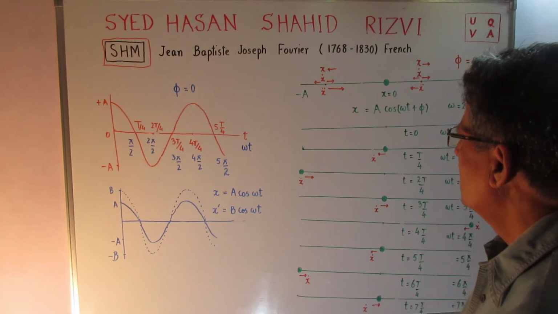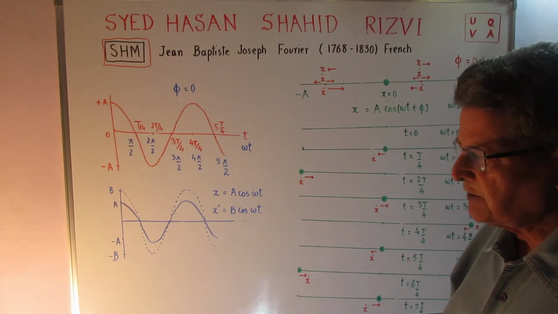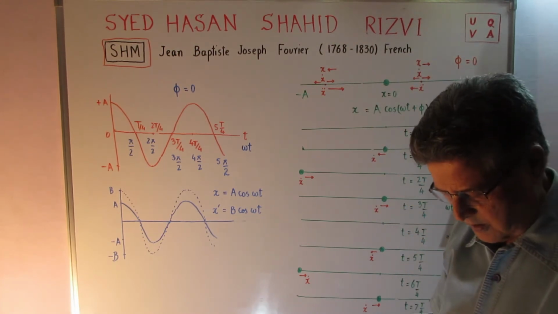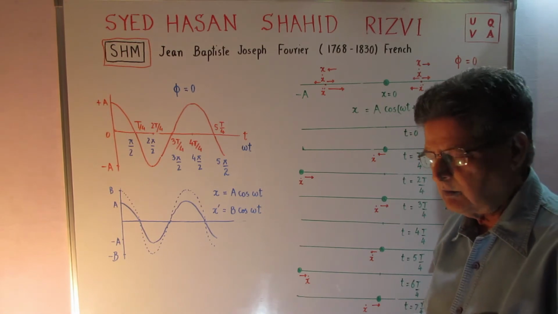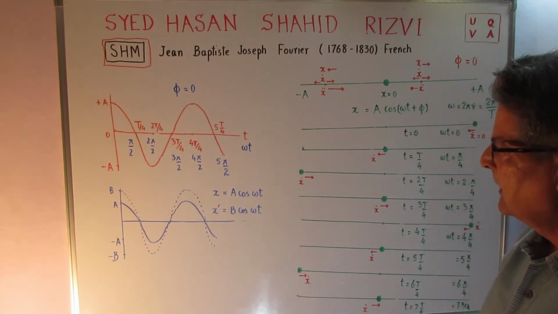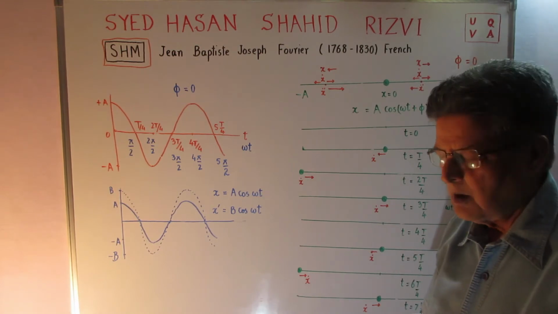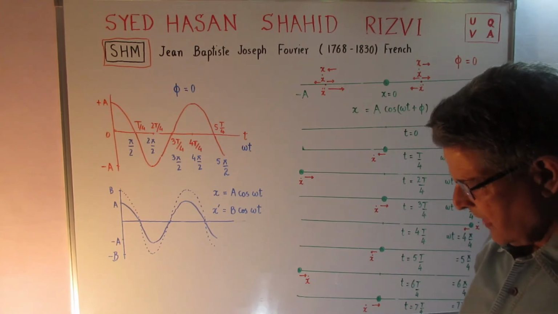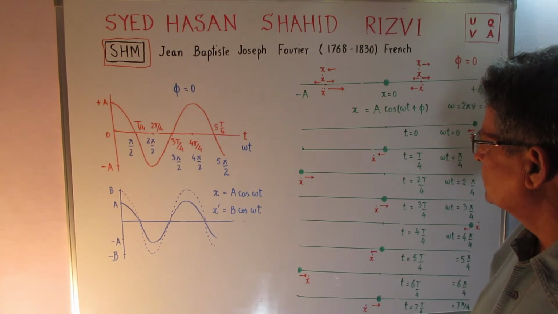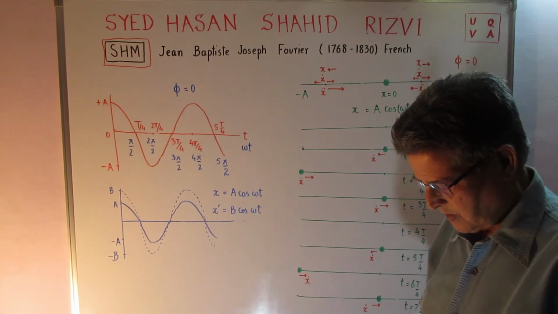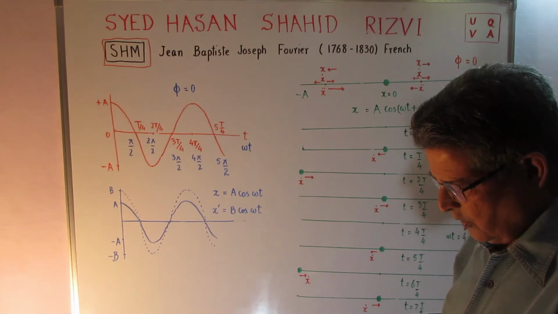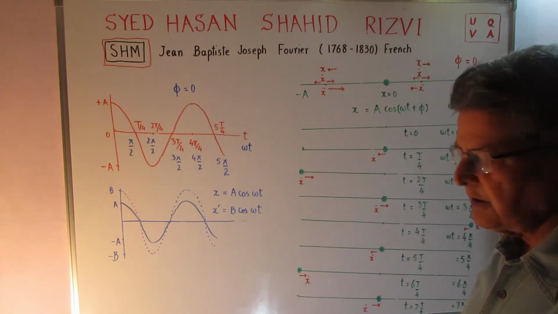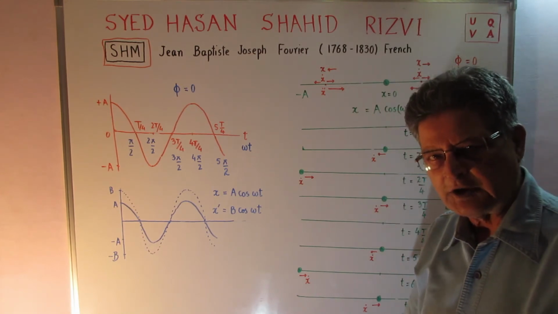One thing about it is that it is a straight line motion. It is periodic. It is to and fro, back and forth. And when it happens, there are three properties associated with the motion: instantaneous displacement, instantaneous velocity, and instantaneous acceleration.